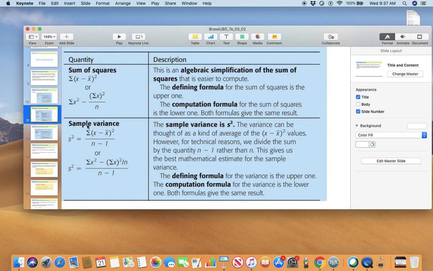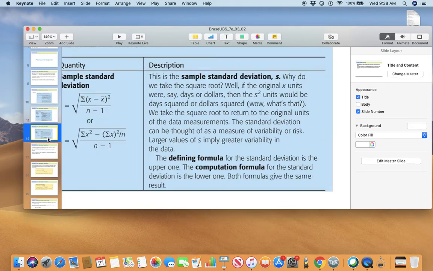This is called variance. This is the definition, but the other is an easier thing to calculate with, as you will recognize when you try problems. The computational formula is this one, and the top is called the defining formula. So this is sample variance.